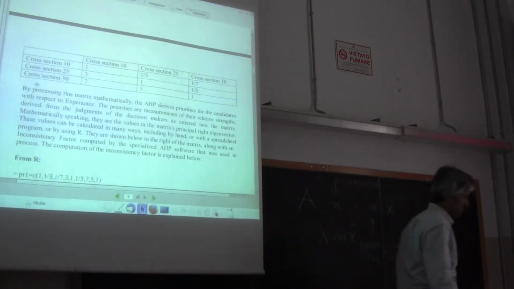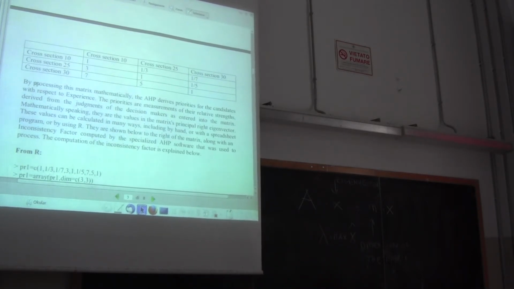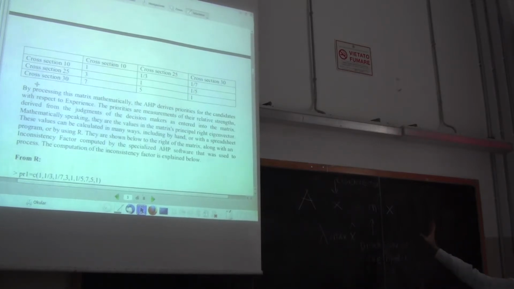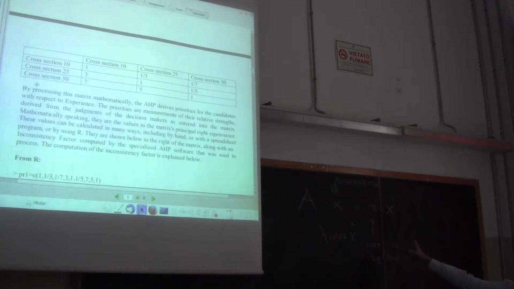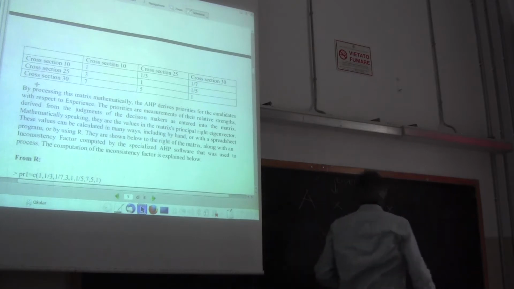So how to check for consistency? A way to check for consistency is given by the definition of the weights. They are given by, as I said, the right eigenvector, and they should sum to 1. If they don't sum to 1, they are not consistent. And also there is another condition which is important to note.